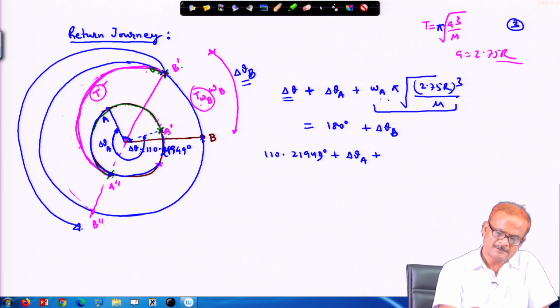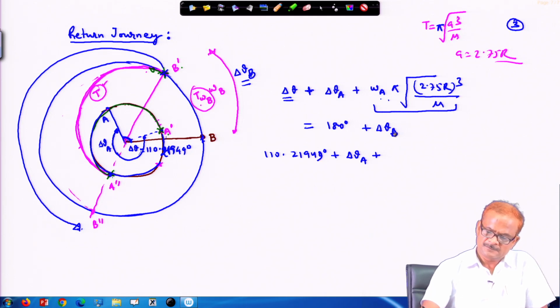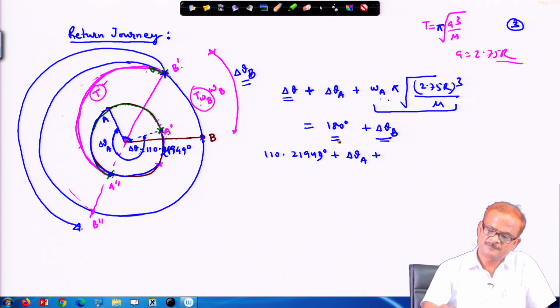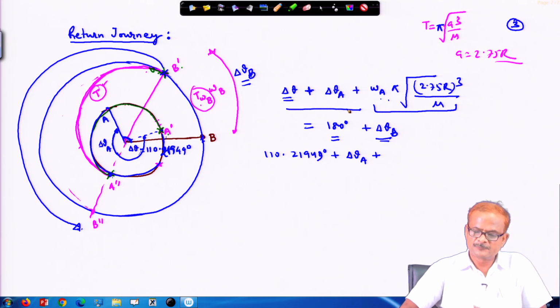Then the flight starts from this place and goes 180 degree, and then the earth is getting covered. So, this is 180 degree plus delta theta b equal to this angle, but there is some twist.